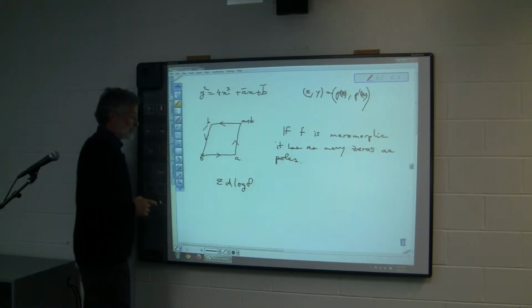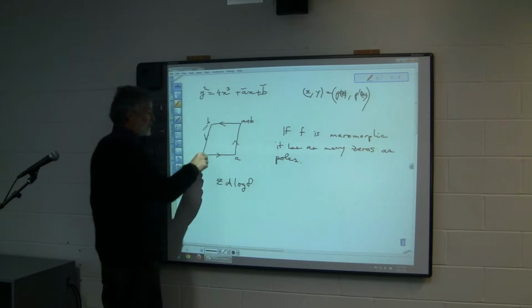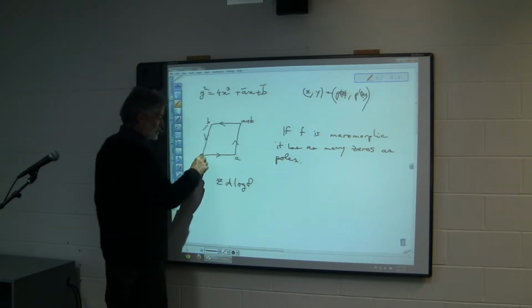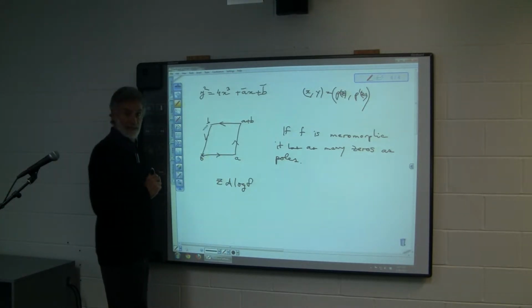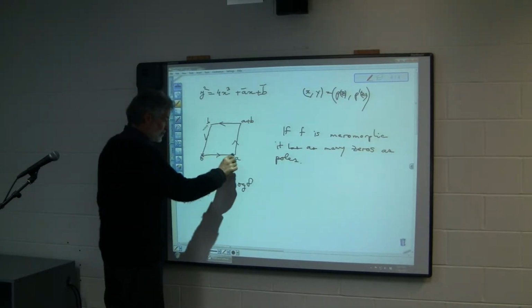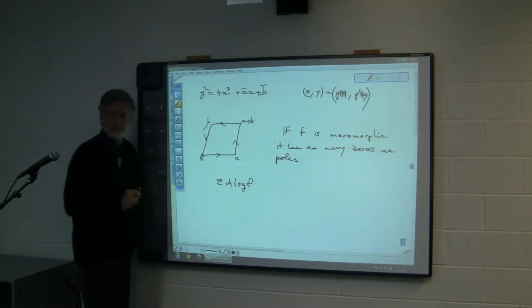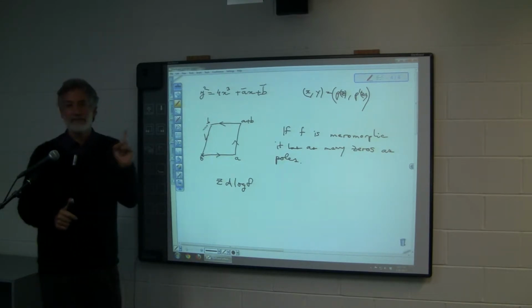So let me not do the details. You can do it. Anyway, the integral, the difference between log f, the point is that f is periodic. So f will be the same on this interval as it is on that interval. But log f is not a well-defined function. It's a multi-valued function.